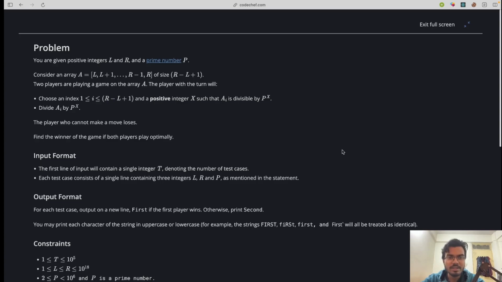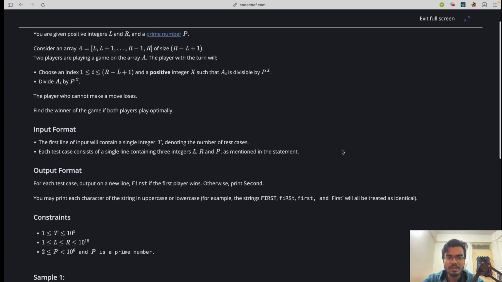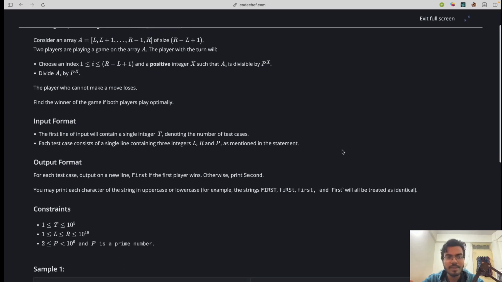The player whose turn it is will choose an index I in the range of 1 to the length of the array, and a positive number x such that A[I] is divisible by P to the power x, and then we divide A[I] by P to the power x. The person who cannot make a move loses. Find the winner of the game if both players play optimally.